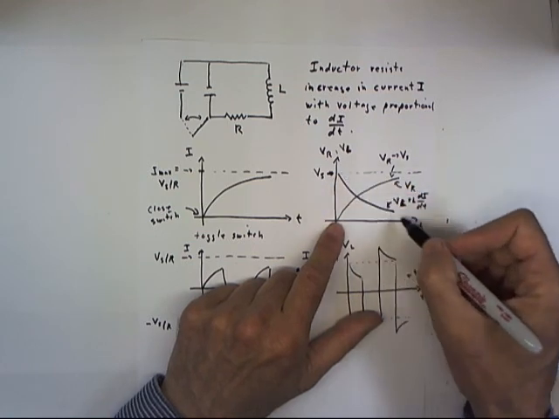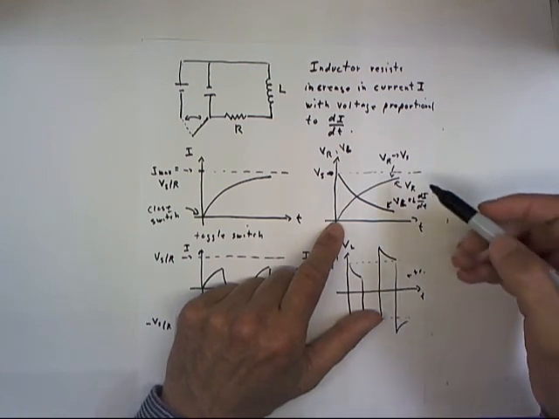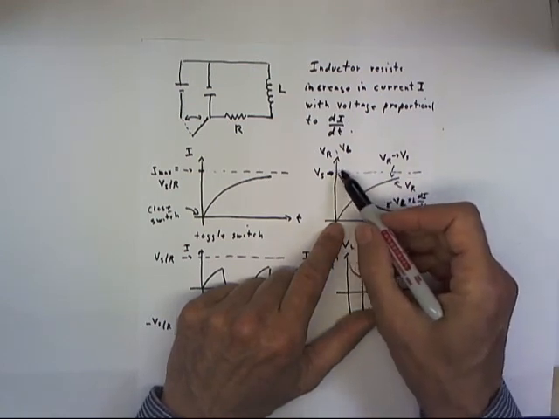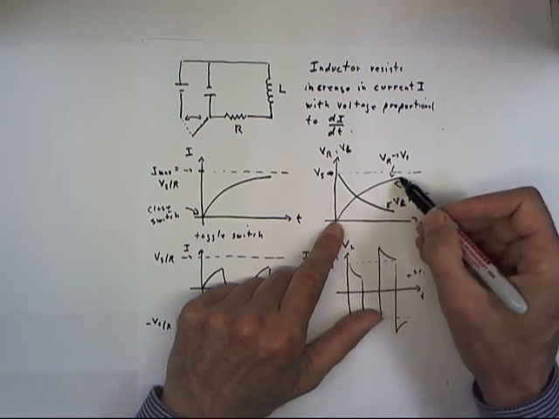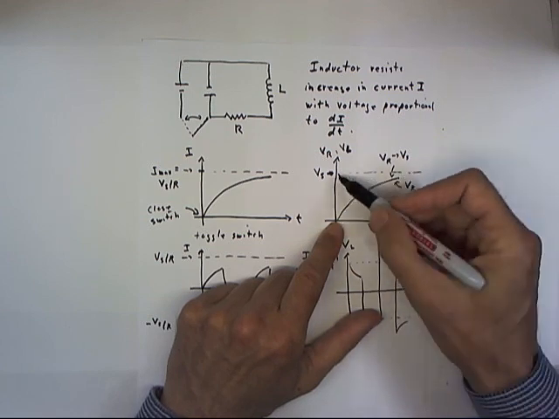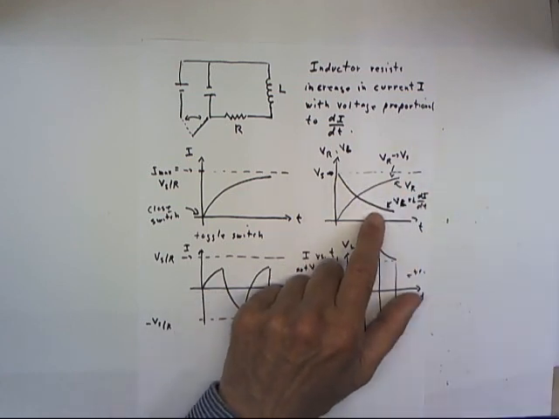The voltage of the inductor, which we have here, is simply going to equal the difference between the source voltage and the voltage across the resistor, so that the inductor voltage will drop accordingly.